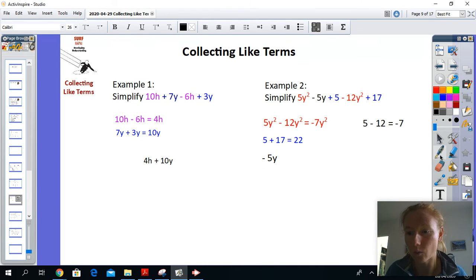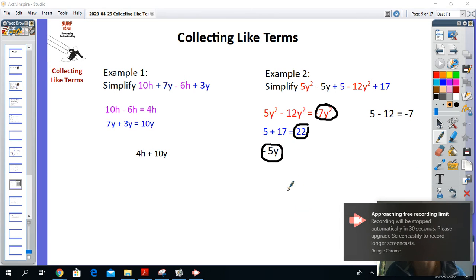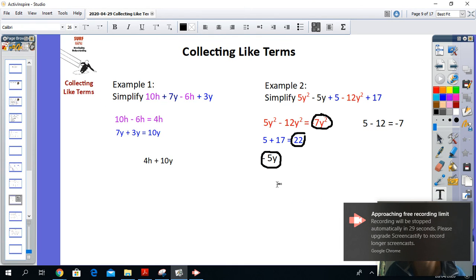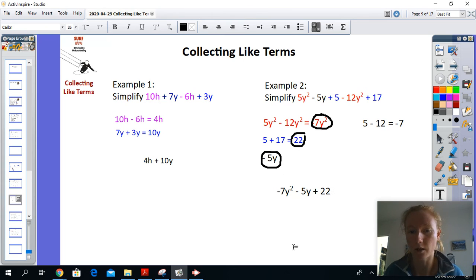So now we're left with these three things: minus 7y squared, 22, and minus 5y. And they are the three parts of our answer. It doesn't really matter what order we write them in. Normally it's the highest exponent first. And that would be our final answer.